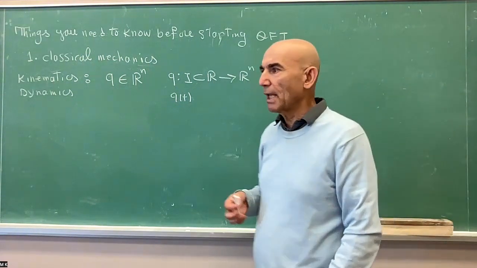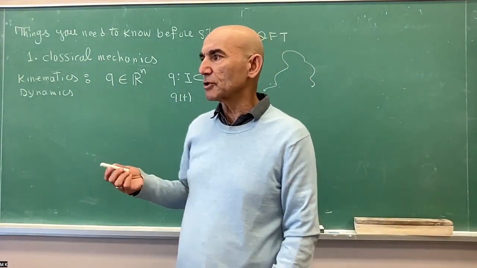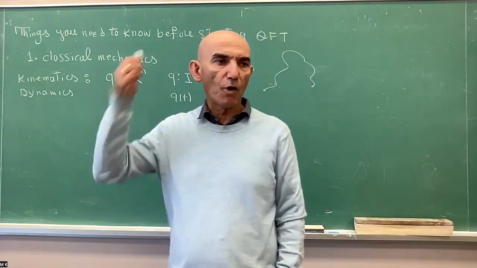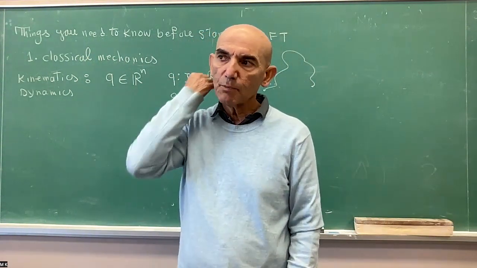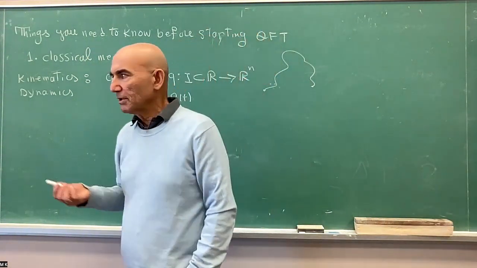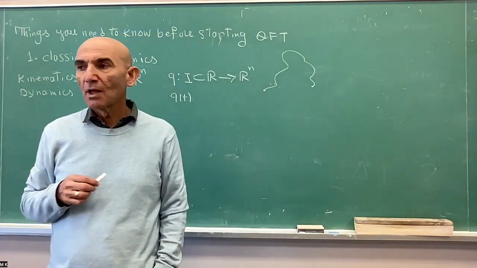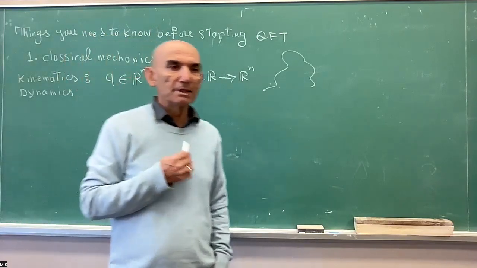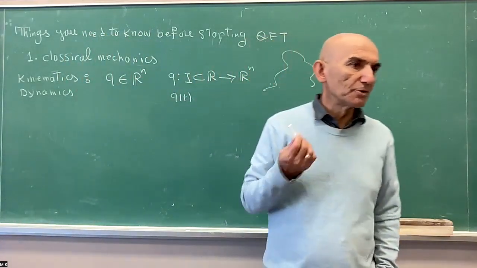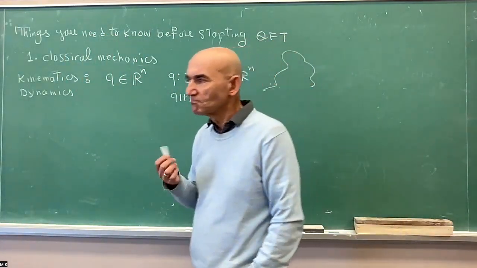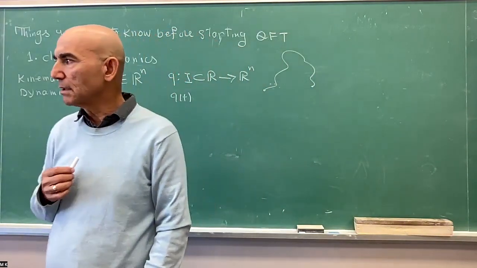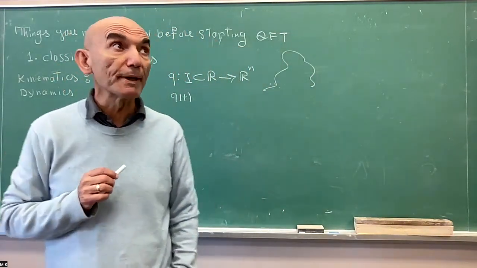By the way, you may say the real space is three-dimensional or two-dimensional or one-dimensional, so why are we in n dimensions? First of all, it's good to have something in n dimensions in general. Eventually we want to have classical mechanics in higher dimensional spaces.